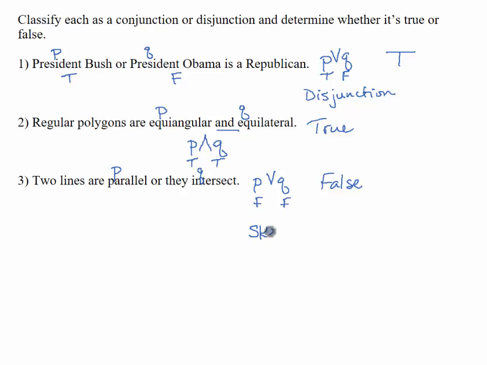We could have skew lines. Skew lines are neither parallel nor do they intersect. So just because two lines are parallel or they intersect, you can't say that that's true because I could show you a pair of skew lines that are neither parallel nor intersecting. Okay?